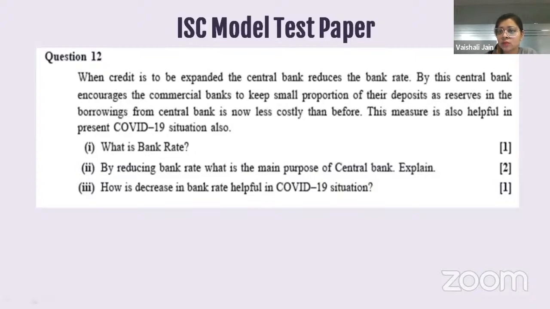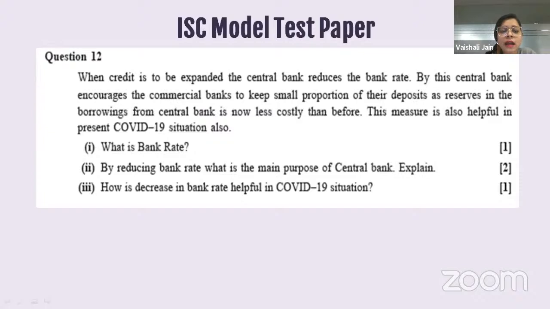Then we have one more, a proper case study based question, question number 12. We are expecting the paper to be based on the specimen paper only. Let's hope for what comes in the exam, but yes, we prepare our child as per what is given in the specimen paper. When credit is to be expanded, the central bank reduces the bank rate.